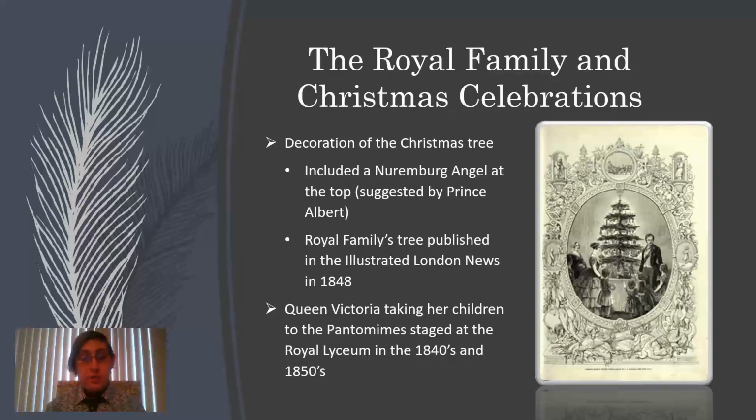Prince Albert's tree decorating and the inclusion of a Nuremberg angel at the top were taken from traditions from Germany that he brought over, and Queen Victoria, bringing traditions from her childhood, began taking her children to the pantomimes staged at the Royal Lyceum in the 1840s and 1850s.